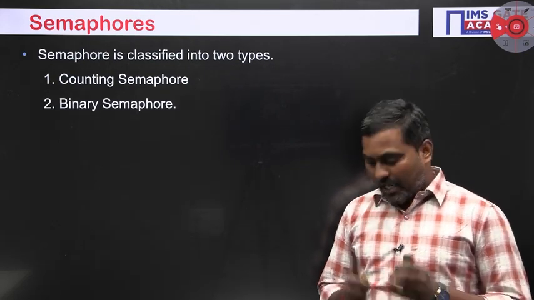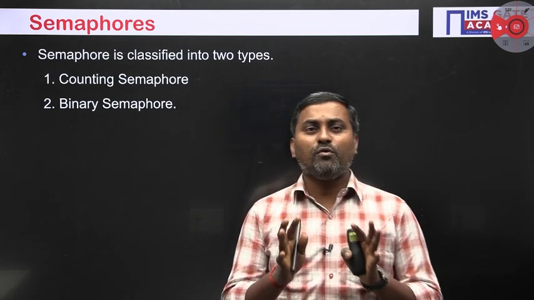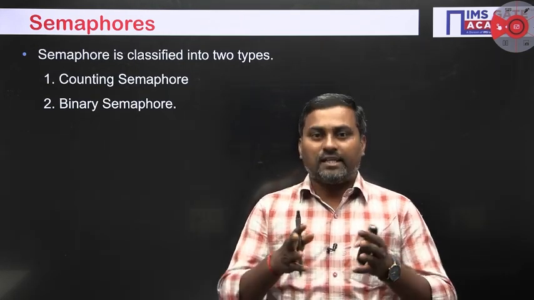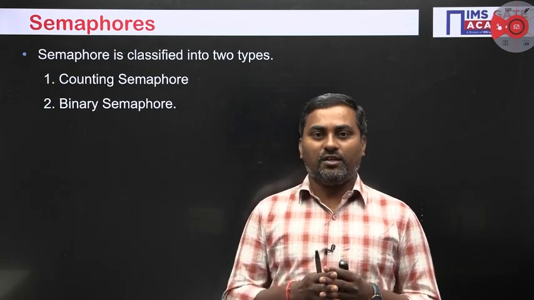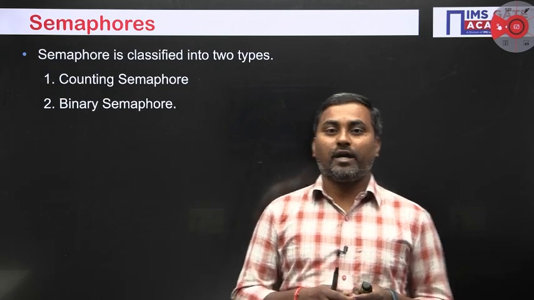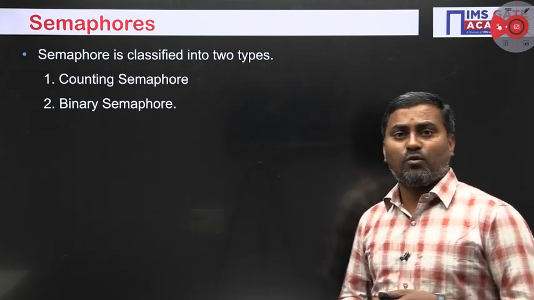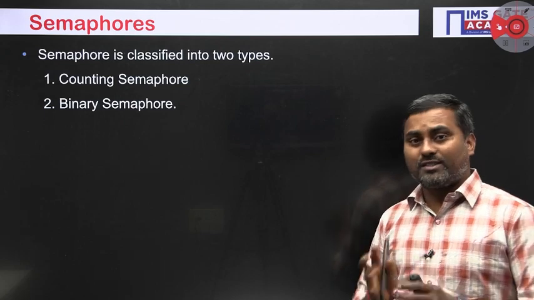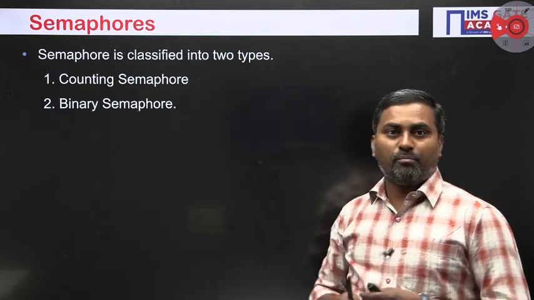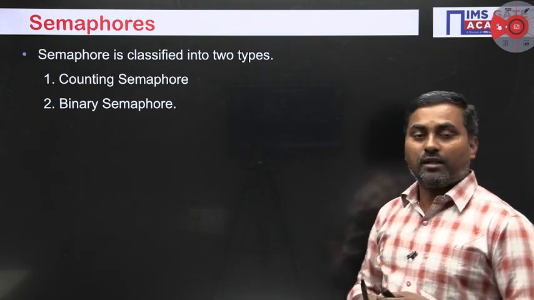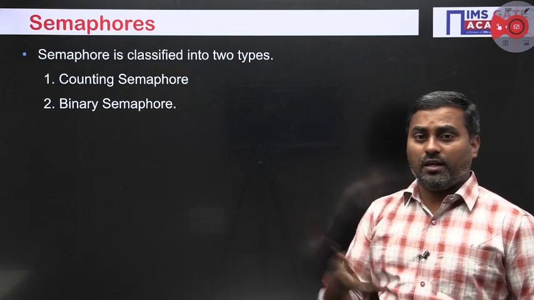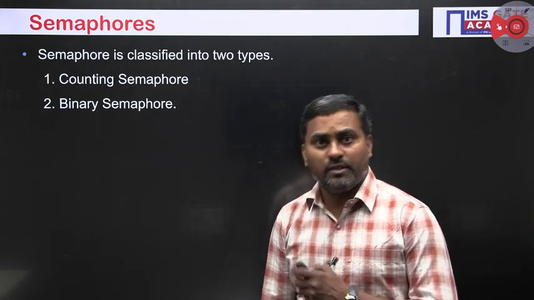Please understand, I repeat my statement. Semaphore is nothing but a variable of the semaphore data type, and takes only integral values. Based on these values, semaphore is broadly classified into two categories: counting semaphore and binary semaphore. Now let's understand each of them clearly: how counting semaphore is implemented, how binary semaphore is implemented, and how these semaphore operations can be used in an IPC environment. That will be discussed in detail.